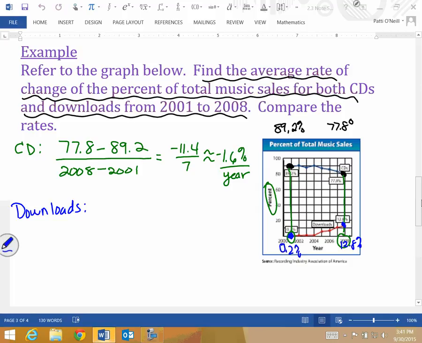So to compute the average rate of change here, I should have labeled this too. That was careless of me. Average rate of change equals. We should always indicate what we're solving for.